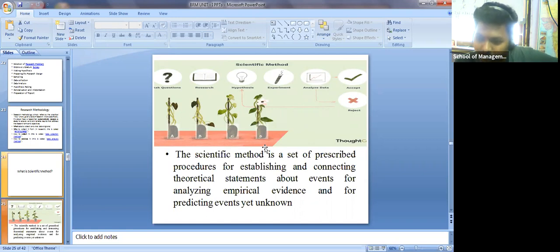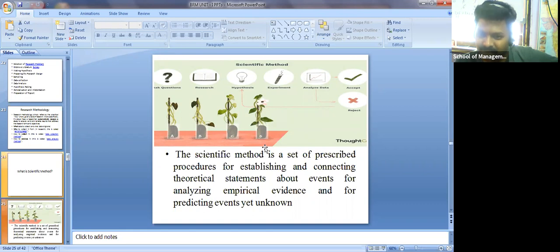When you want to plant a seed, it has a certain systematic procedure. If you throw and pour water somewhere, will it grow? No. So the scientific method is a set of prescribed procedures for establishing and connecting theoretical statements about events, for analyzing empirical evidence, and for predicting events yet unknown. This is the standard definition of the scientific method.